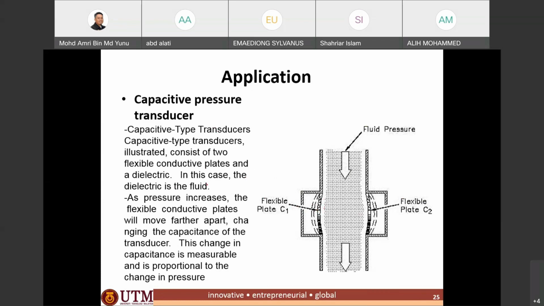In this case, the dielectric is the fluid that is contained in the vessel. One part of the conductive plate is connected to the positive, and the other part is connected to the negative plate, right?